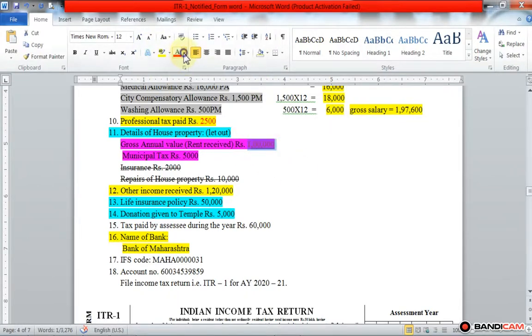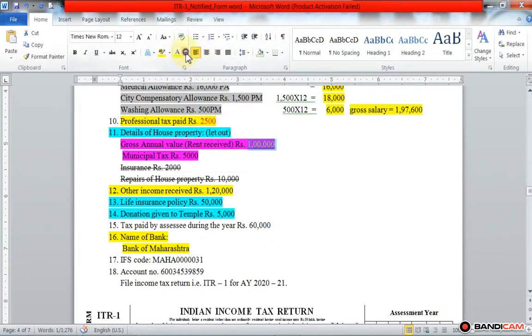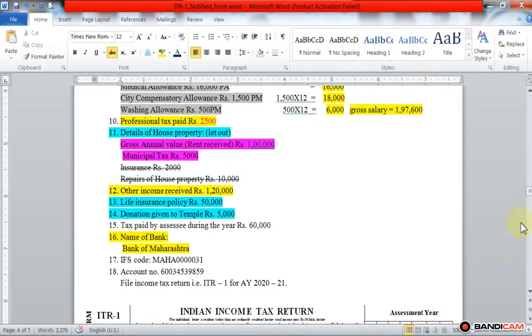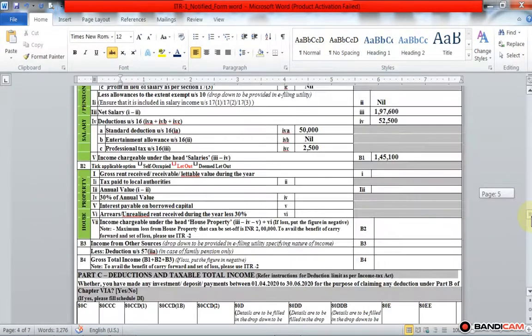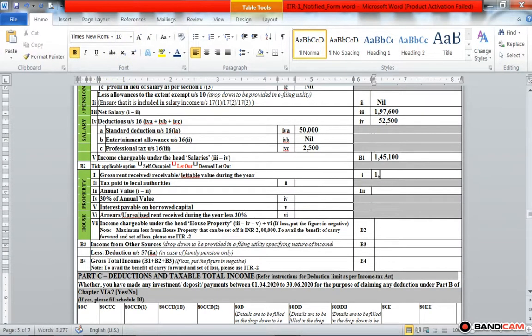Gross annual value from house property. So put the figure in front of gross annual value, that is rupees 1 lakh.